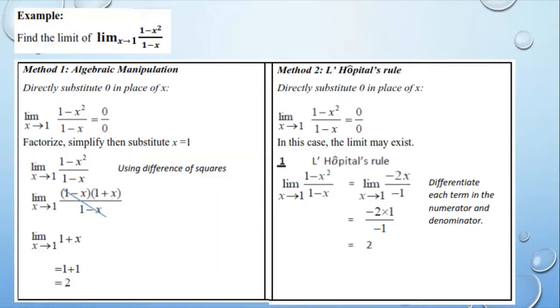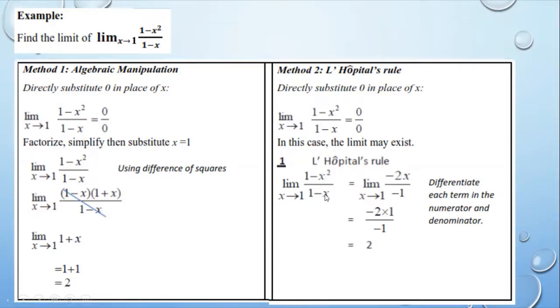But when you differentiate negative x squared, you bring the power in front, so it will be negative 2x, and minus 1 from the power will be 1. 2 minus 1 is 1, so x power 1, so you don't have to write 1. So the answer will be negative 2x. Now the denominator: when you differentiate 1, it will be 0, right? When you differentiate negative x, it will be negative 1.